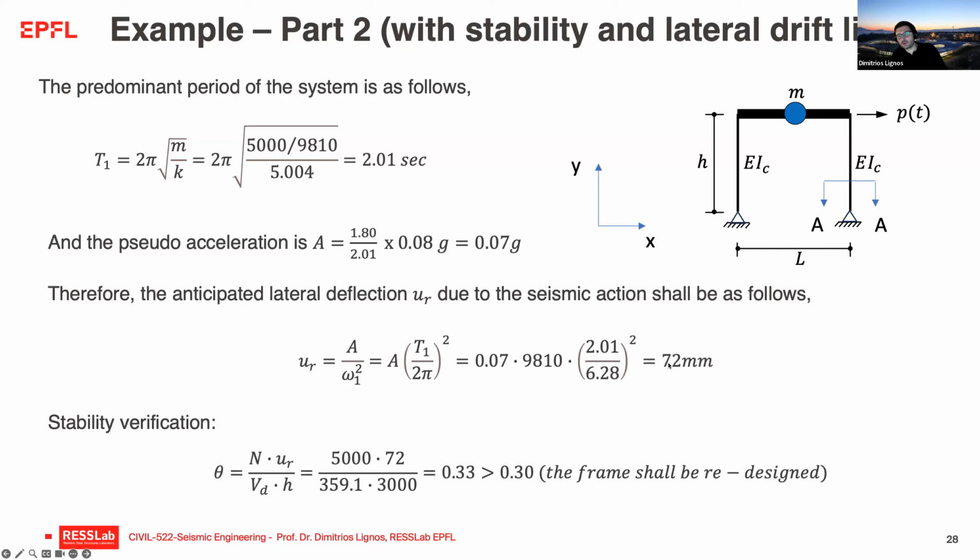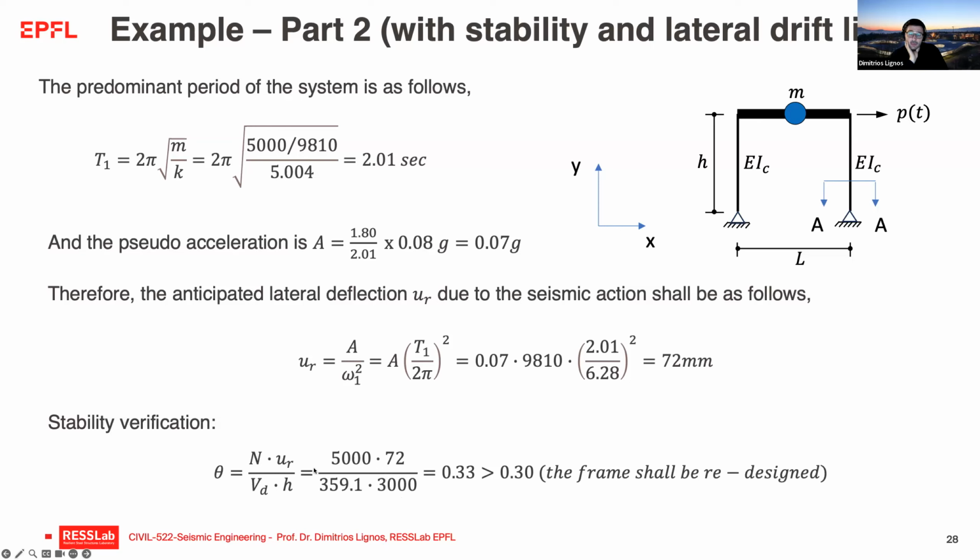UR, I just computed for the seismic action, is equal to 72 millimeters. VD is the total base shear for the seismic action, and I calculated from the part 1 problem that I showed you a bit earlier for the strength verification to be equal to 359.1 kilonewtons, and my story height here is 3 meters, and because I'm using units in millimeters, I am actually using 3,000 millimeters here.